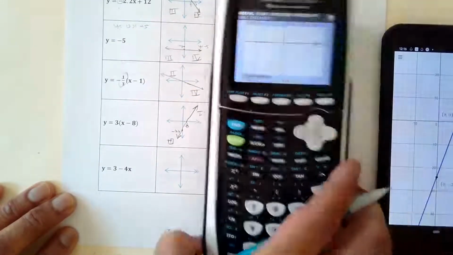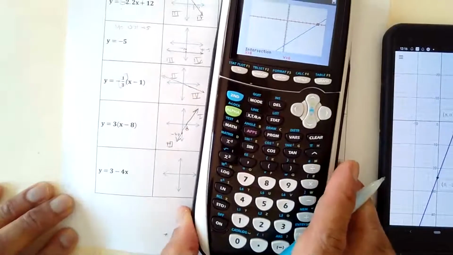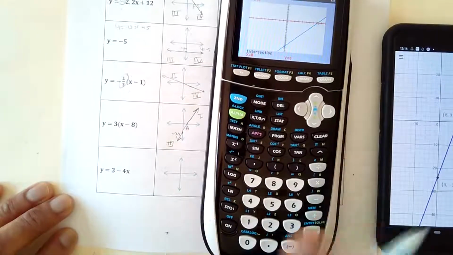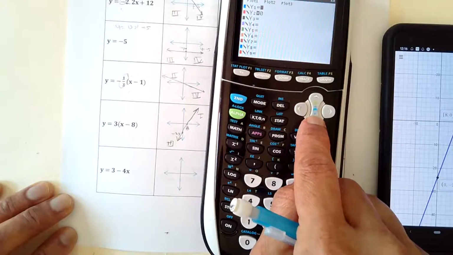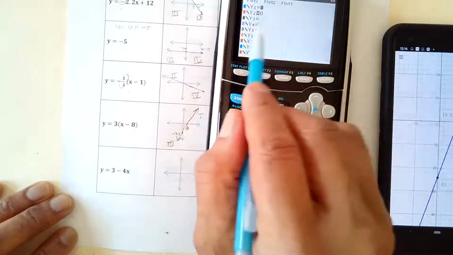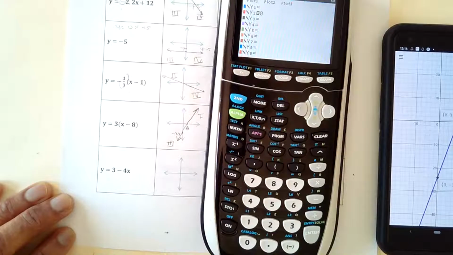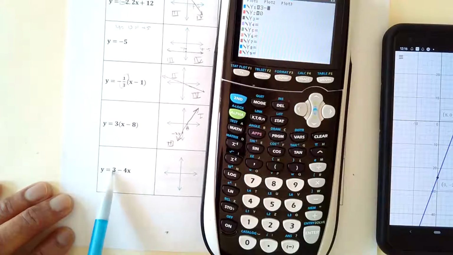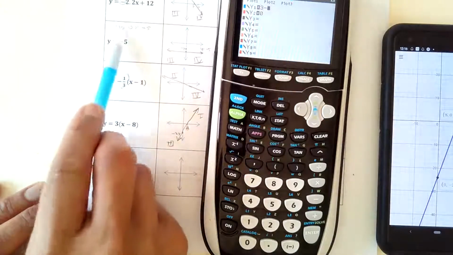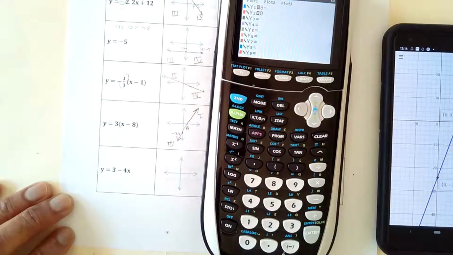Let's use our graphing calculator again. Equal button, clear that. And I'll leave it, because I can find my x-intercept. I leave that as it is. 3 minus. Now you're going to use a subtract sign. Do not use the negative button; it's only when you have a leading coefficient that is negative.